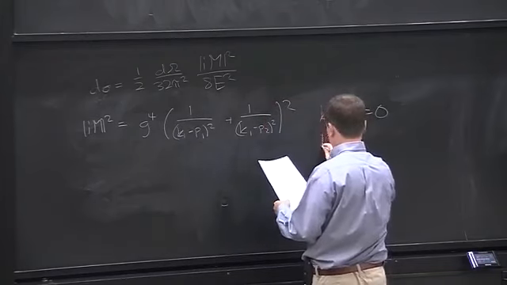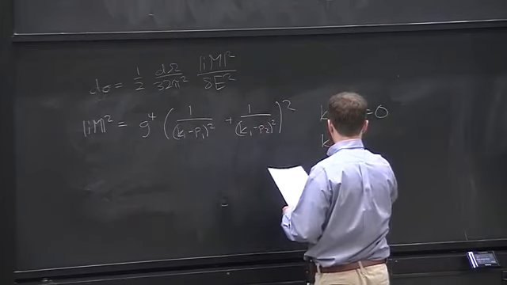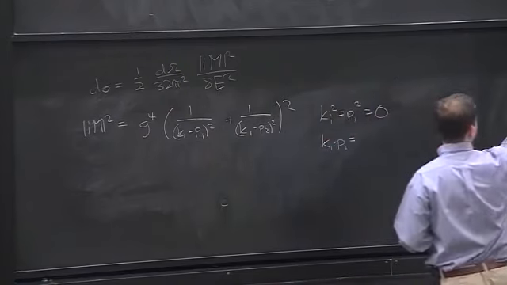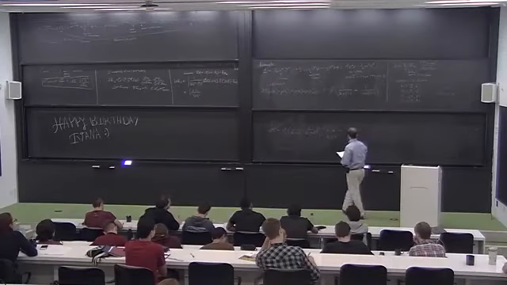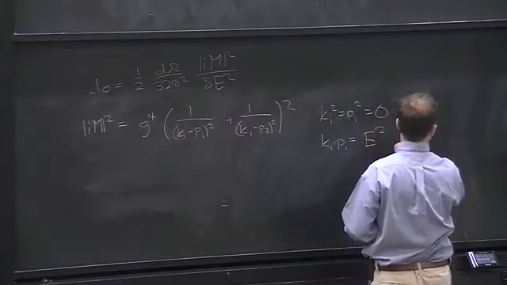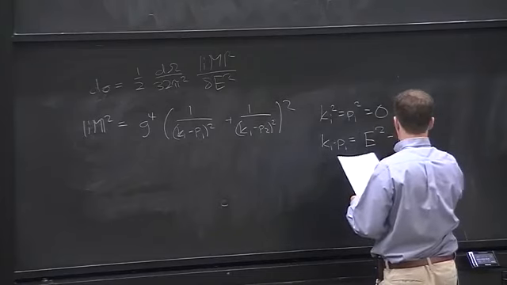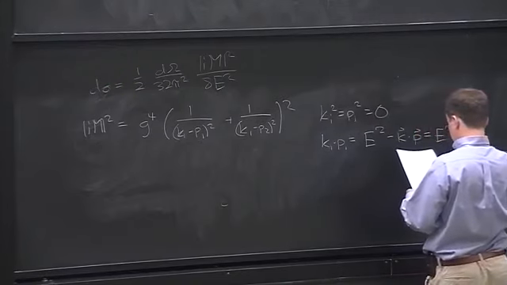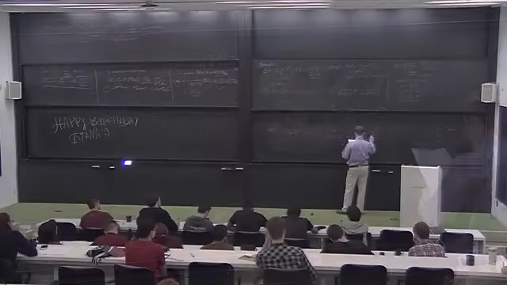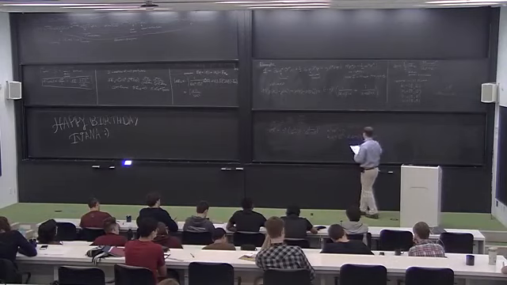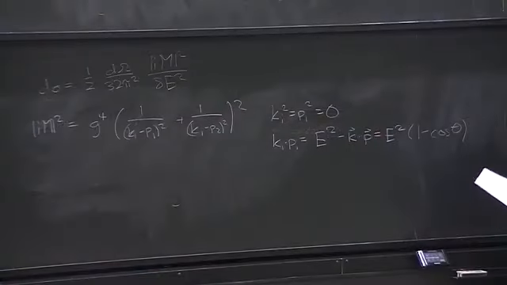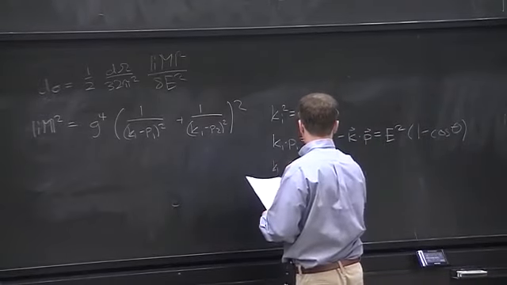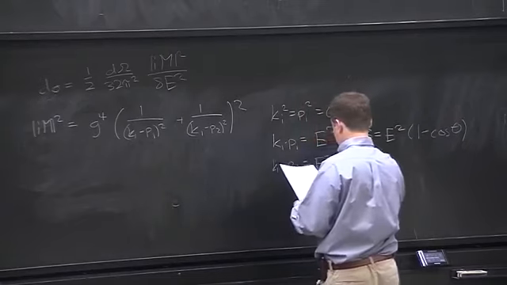And the cross terms are k1 dot p1, which, using our explicit expressions for k1 and p1, is E squared minus E squared cosine theta, which is E squared times 1 minus the cosine of theta, because these have an angle of theta between them. k1 dot p2 is the same thing, with the opposite sign.